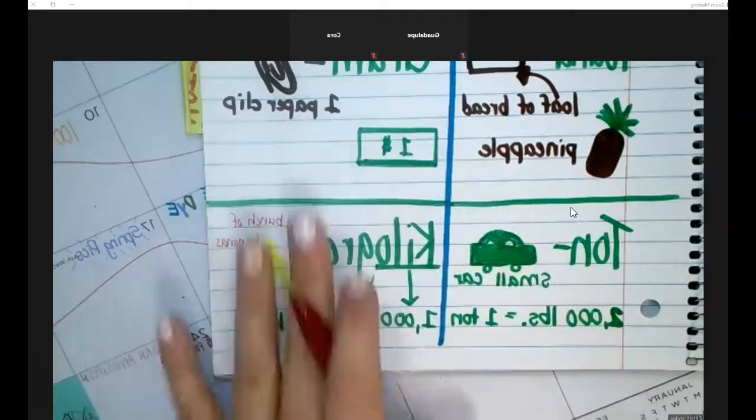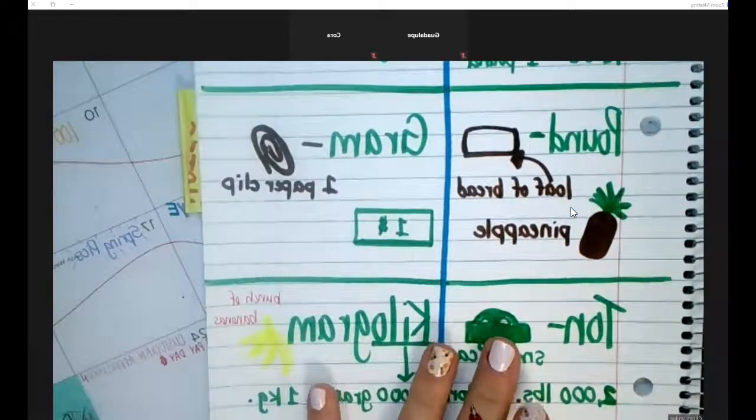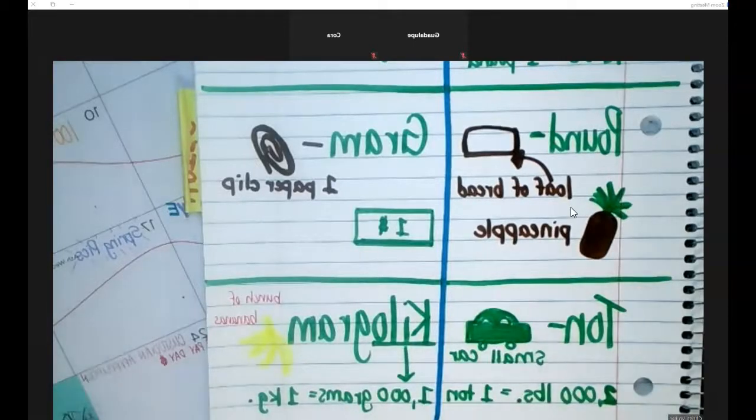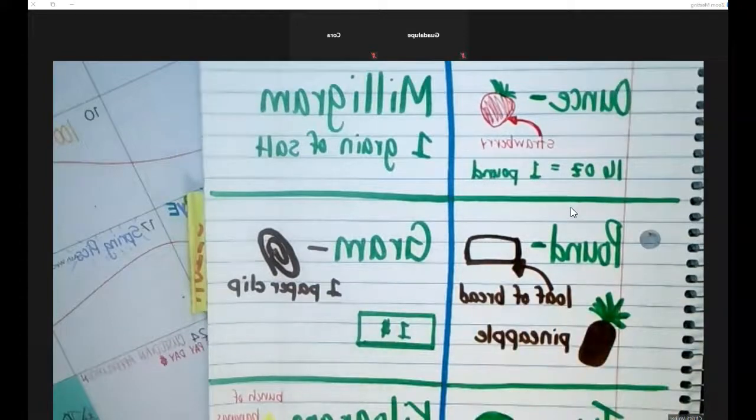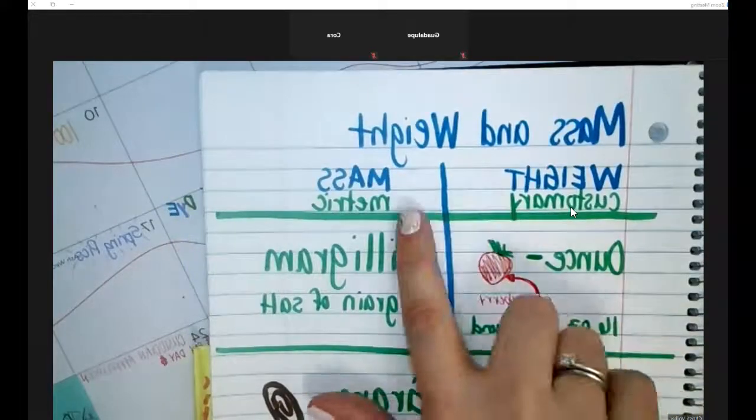Okay, so all of these units that we wrote down today have to do with weight, how heavy something is. So can I say that if I want to find how much liquid is in a container, would I use any of these units? No, because this is weight and mass.